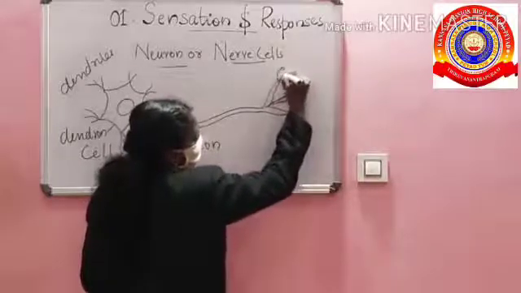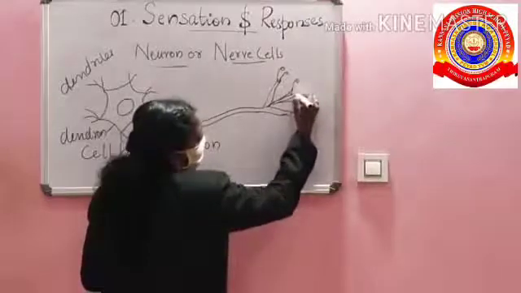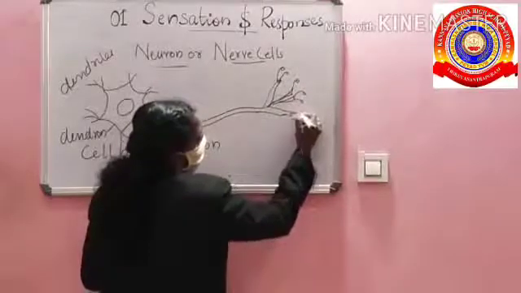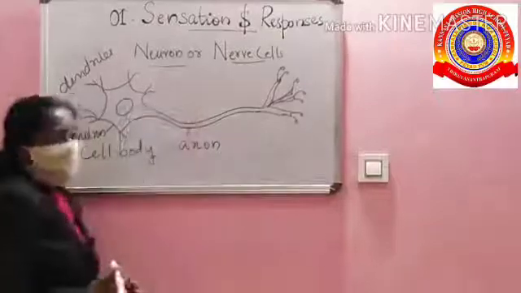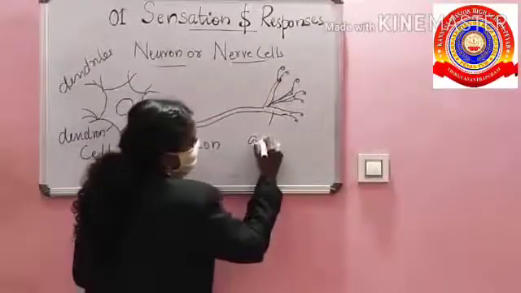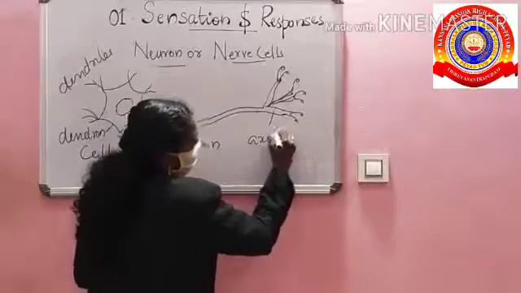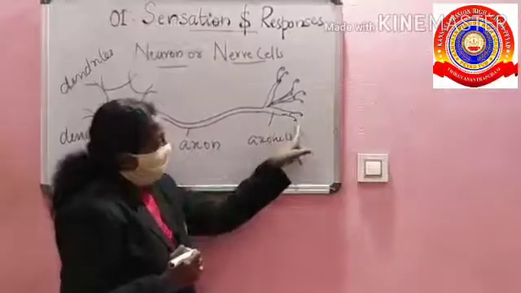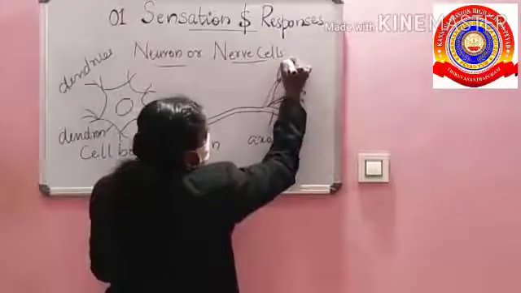At the tip of the axonite we can see the synaptic knob. The branches of the axon are called axonites.